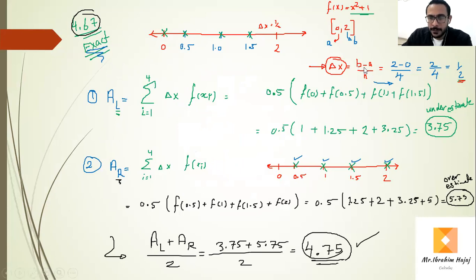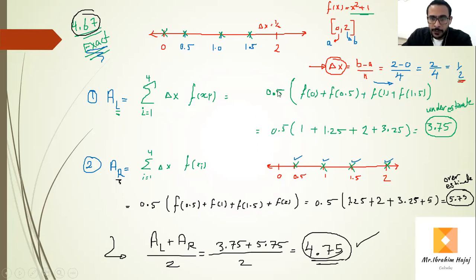Delta x equals b minus a over n, and b is the upper limit of the interval, and 0 here is a. So we substituted, we got delta x is half, and then substitute.